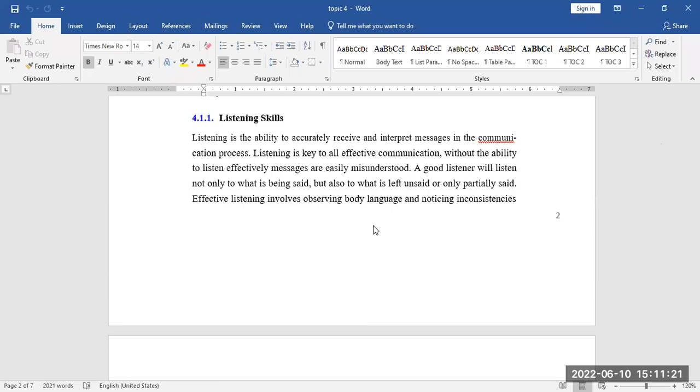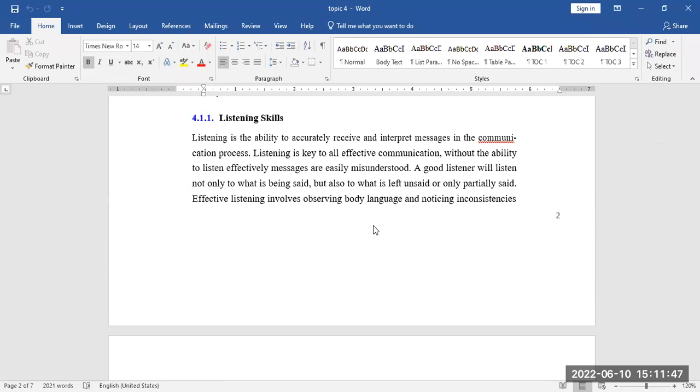So listening is a key to all effective communication, because without the ability to listen effectively, messages are easily misunderstood. So a good listener will listen not only to what is being said, but also to what is left unsaid. For example, I might tell you something, you listen.